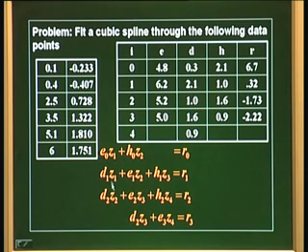And I can solve these n minus 2 equations by the elimination method. You can multiply this equation by d1 and divide it by E0, and subtract it from this equation, and multiply this by d2 and divide it by E0 and subtract from here, and that way you can eliminate this row.